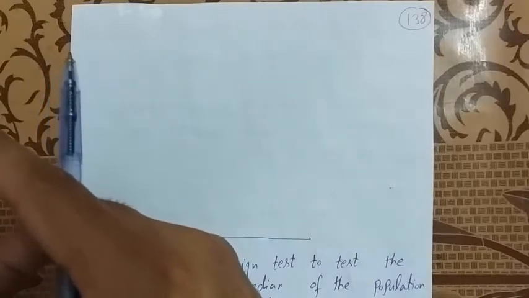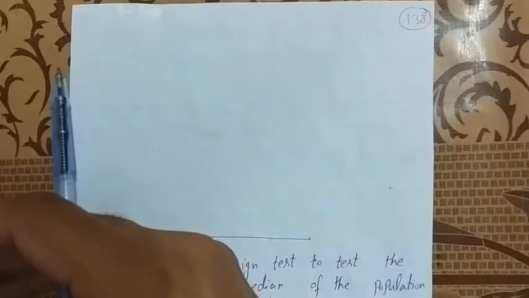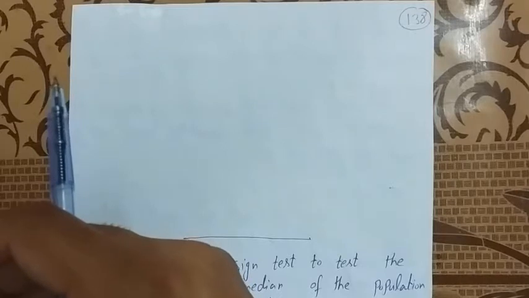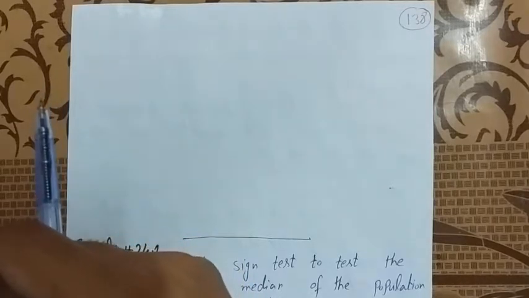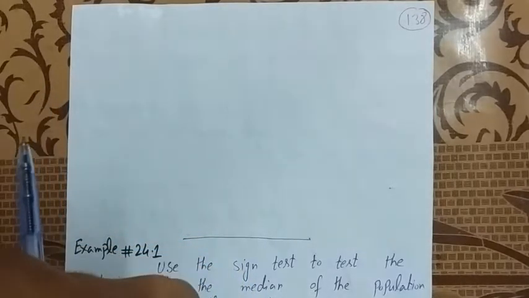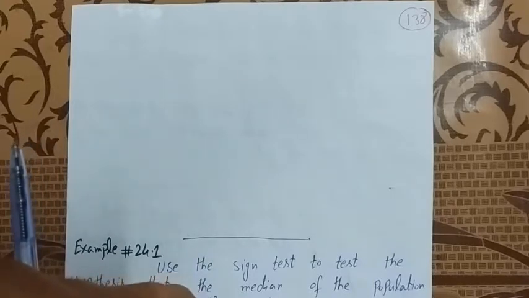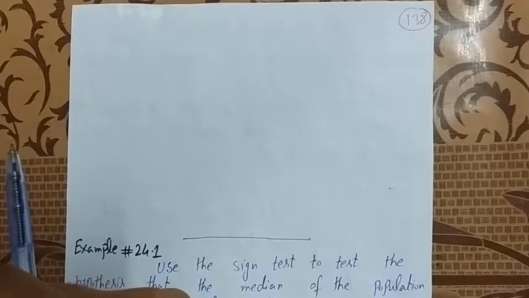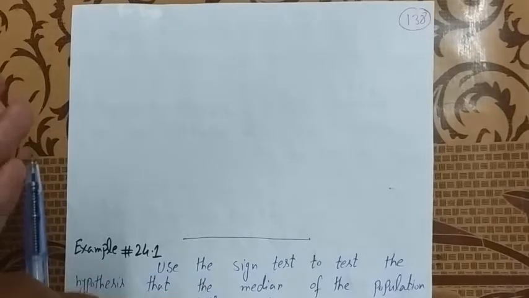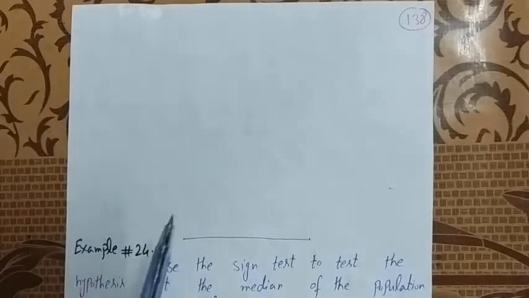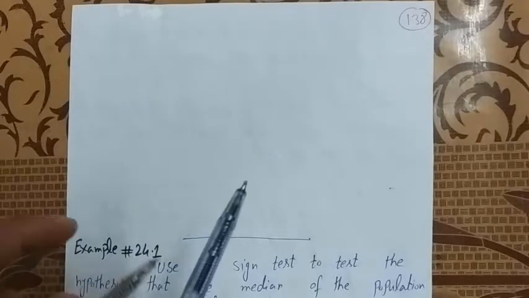In this step also there is a change between one sample and two samples, but all other steps which we understood in the previous video are the same for two samples. So now we are going to start today's lecture.